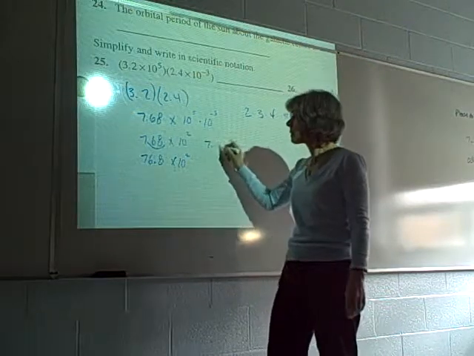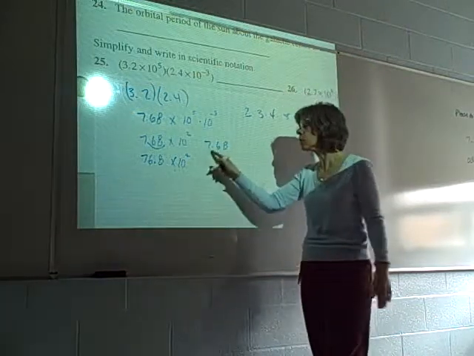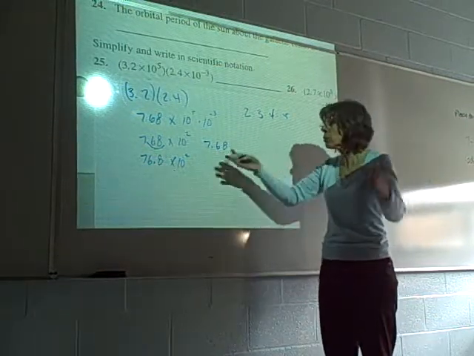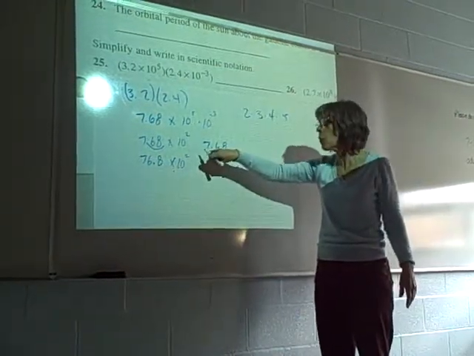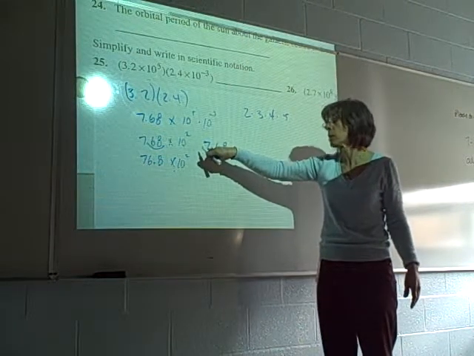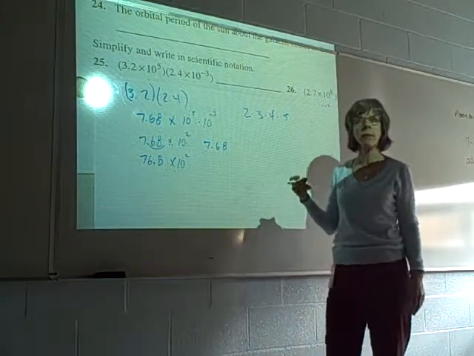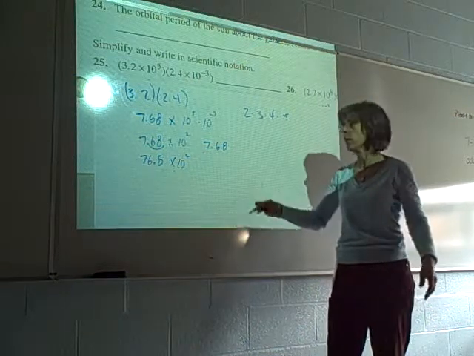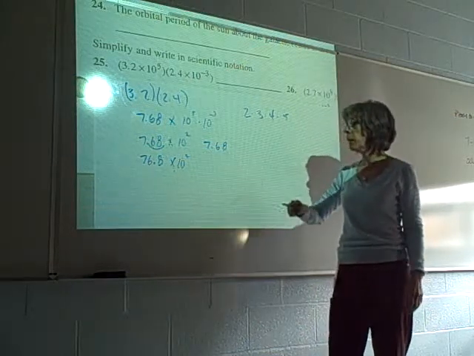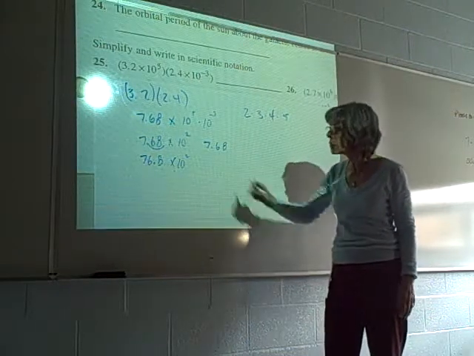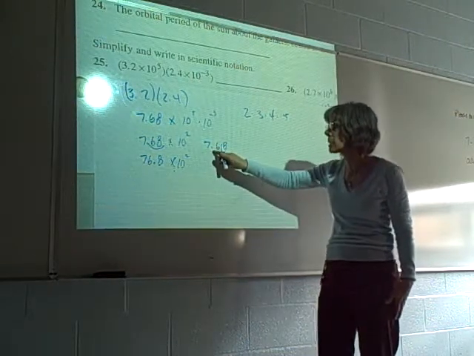This 7.68 is in scientific notation because it's an agreement among mathematicians and scientists that the decimal goes after the first digit, the first whole number greater than 0. So it wouldn't be 0, it would be a 1 there.